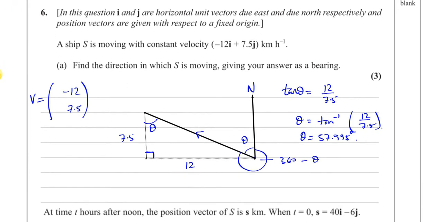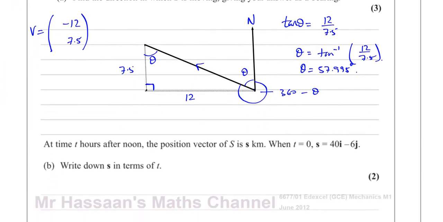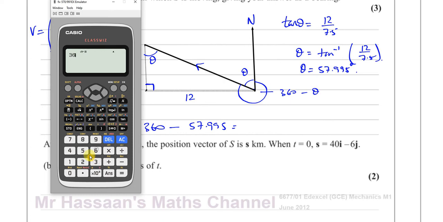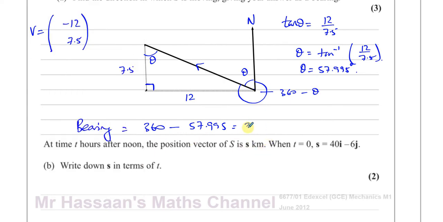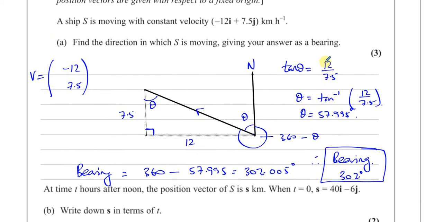The bearing we're looking for is going to be 360 minus 57.995. So we take our answer and subtract it from 360. That gives us 302.005 degrees. Bearings are measured to the nearest degree, so that's 302 degrees. There's the answer for part A.